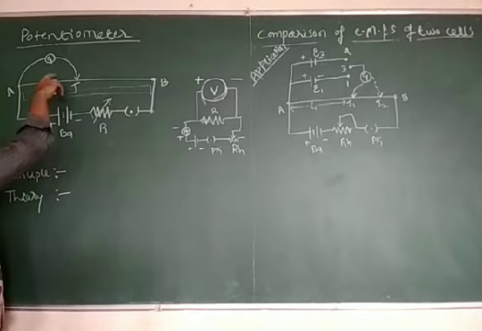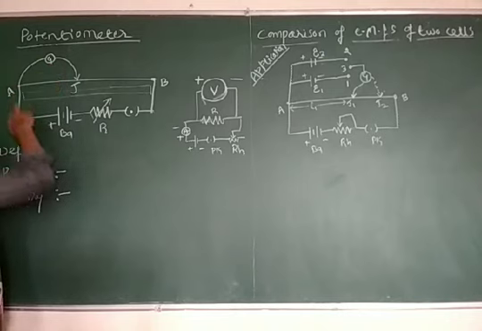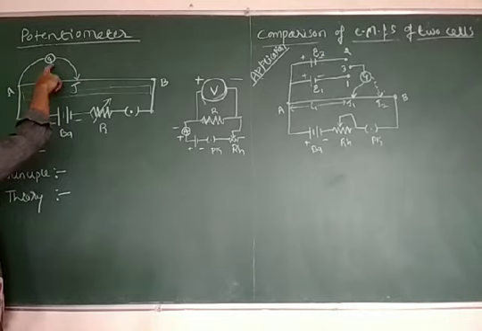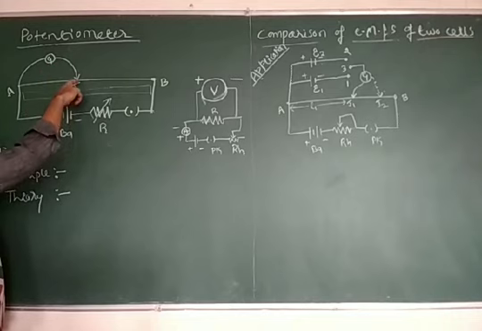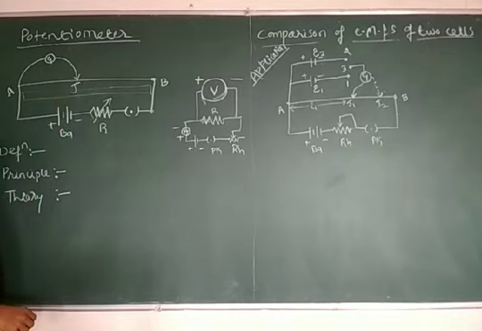At the same time, to make use of this instrument, a galvanometer can be connected at the same end A. The other end of the galvanometer is connected to a jockey, a metallic contact, just like a metallic pen. I have shown you this once during the meter bridge discussion. I will show you one more time.